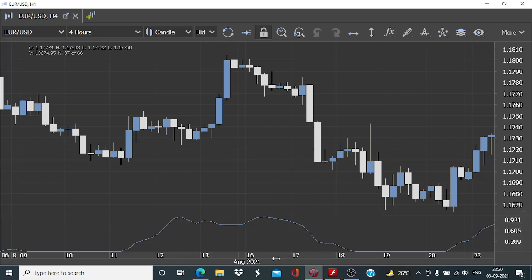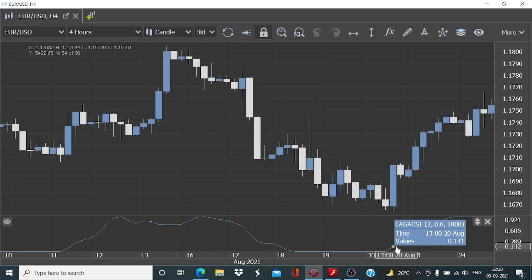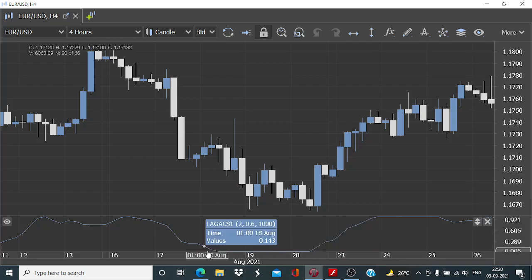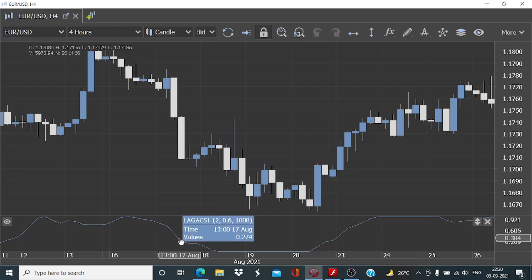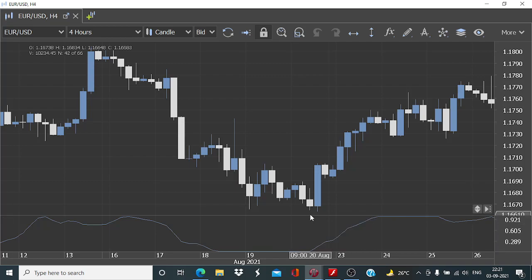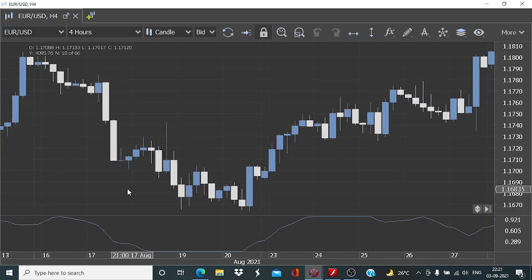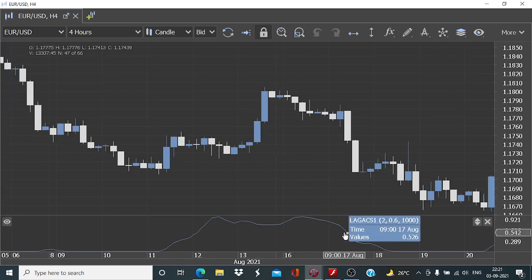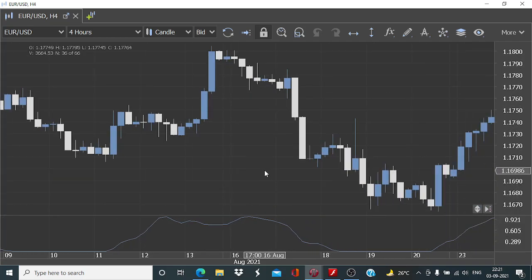It doesn't matter whether it is declining or rising, we are not paying attention to that fact. If you want to fine tune or define the conditions in a different way, you can do that as well. One more possibility is that you simply look to initiate the trade only when you have these Laguerre ACS1 output values declining compared to the prior period, and as soon as the reversal starts, you can stop trading. So that kind of formation can also be made. But to keep things simple, I am simply taking the value in absolute terms. 0.5 is the marker, and anything below that we will be ready to trade.